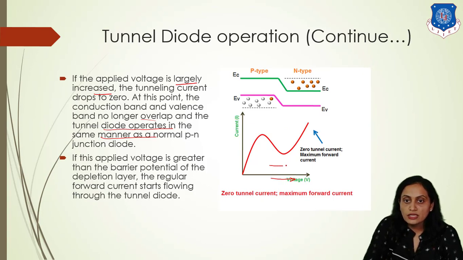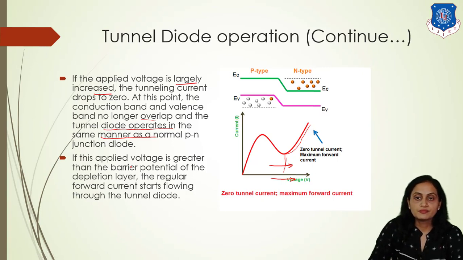So after this particular voltage, you find the tunnel diode is operating as a normal PN junction diode, and no tunneling current flows. If the applied voltage is greater than the barrier potential of the depletion region, the regular forward current will start flowing.